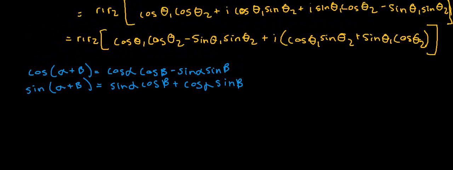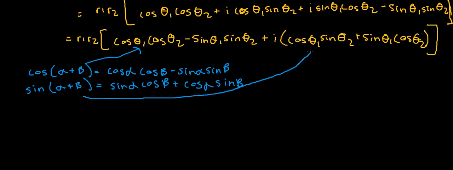Now if I go back up here, these are two different angles, so if I look here, alpha and beta, theta 1, theta 2, whatever, it's the same idea. So I can interchange this with this, and same thing with this over here. So z1 times z2 is equal to R1 times R2.